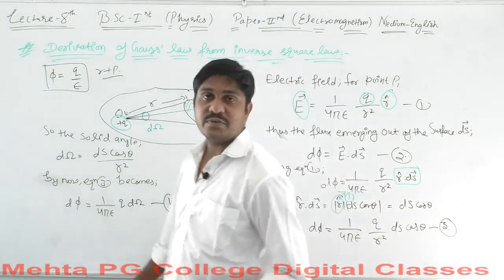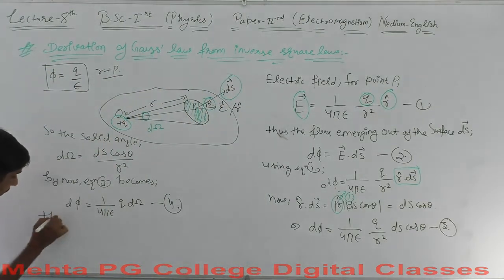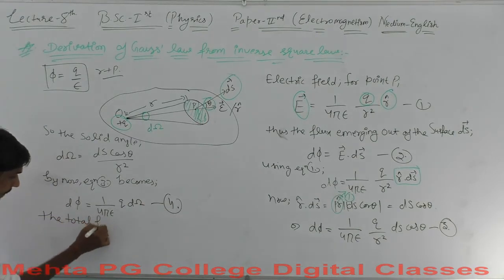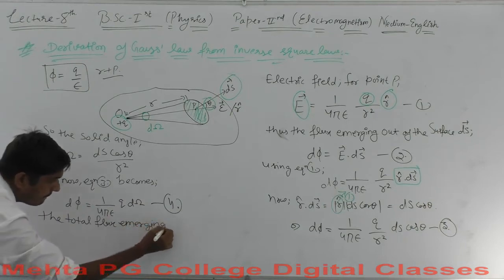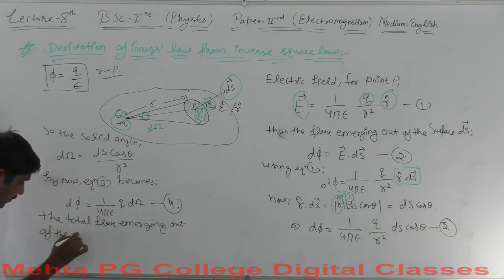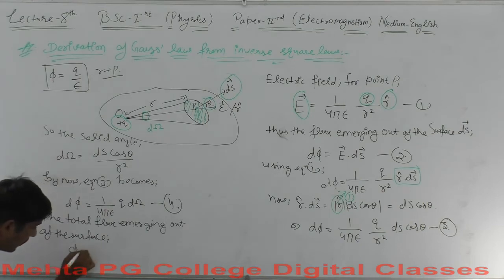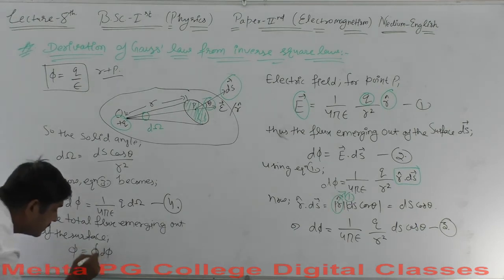Let's integrate equation 4: the total flux emerging out of the surface will be phi equals the integration of d phi over that particular closed surface.